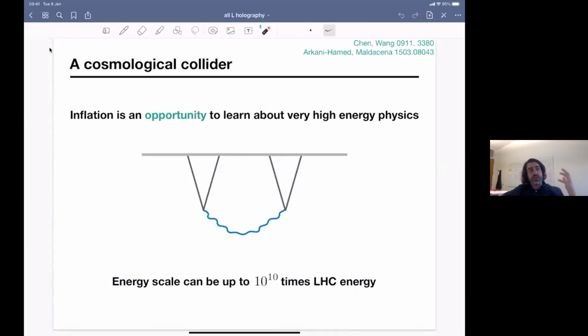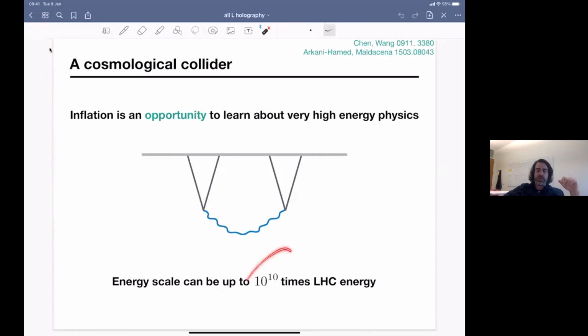But something which is interesting about the physics of inflation is that it could have taken place at extremely high energies. And because there's so much energy in the background inflationary expansion, it can produce very heavy particles on shell. And so there's a tremendous amount of promise of using inflation as a large particle collider and looking for the signatures of heavy particles that were produced during inflation in these observables that we see on the reheating surface.